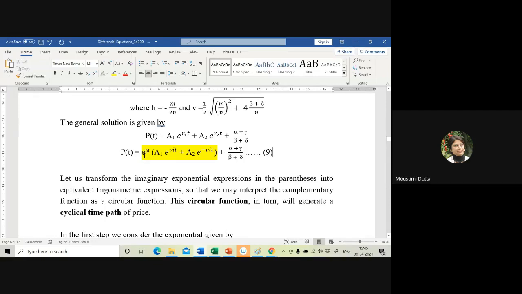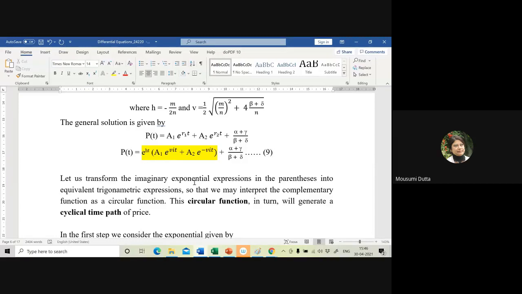E is a mathematical constant. So if t tends to infinity, the power tends to infinity, and the entire e to the power ht in the denominator will move towards infinity. Is it acceptable? Yes, ma'am. And if e to the power ht, this entire term in the denominator, moves towards infinity, then what will happen to this first yellow term? It will tend towards 0. Very good.